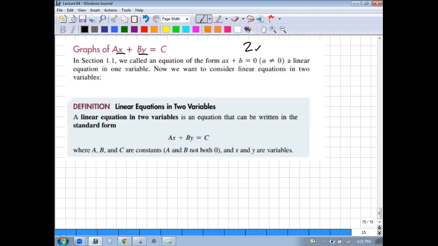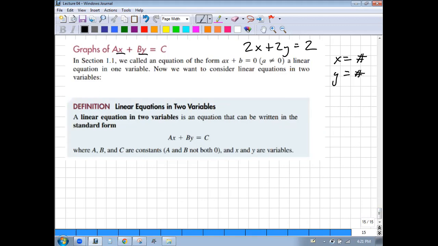So if I have like 2X plus 2Y equals 2, when is this true? Well, I have to give you a pair, an X and a Y. So if there's 2 variables, the solution is going to be an ordered pair. There's going to be an X and there's going to be a Y. I would write it like this: X equals something and Y equals something.